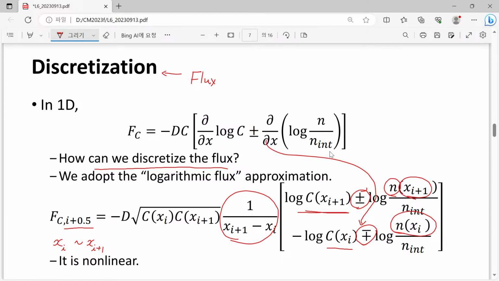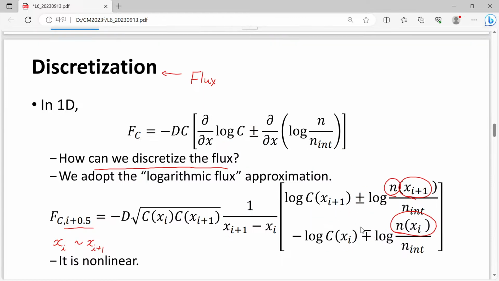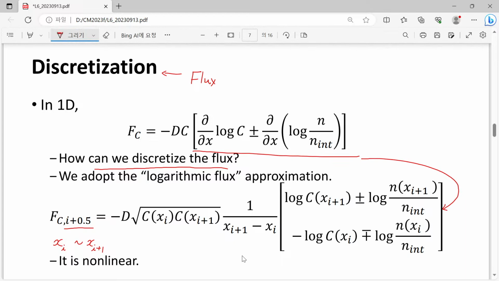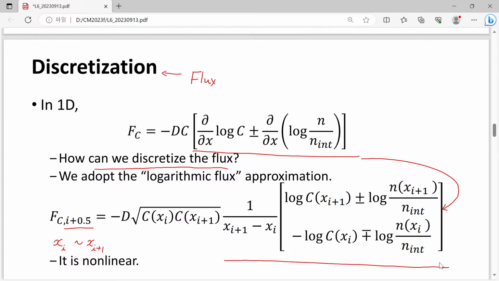Any question up to now? Well, however, there is one hidden point we have to discuss once again. Yes, it looks perfect. Now we follow the rule we have used up to now. We were successfully able to discretize it.